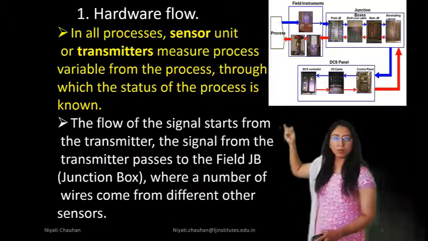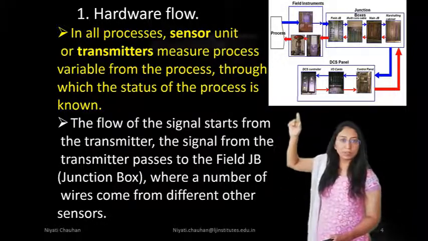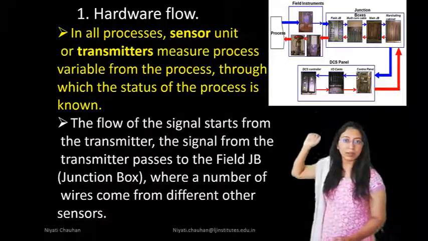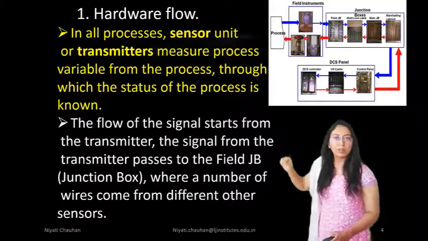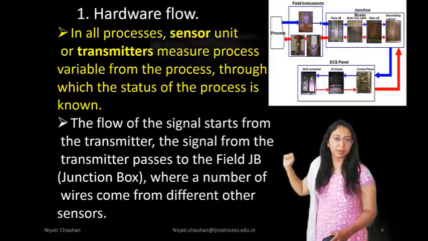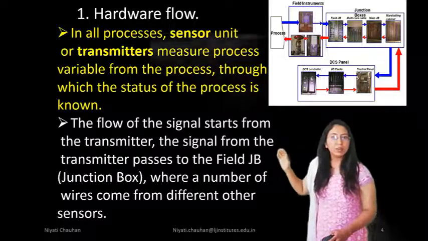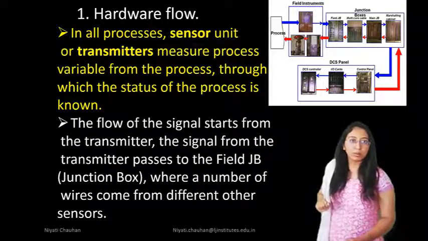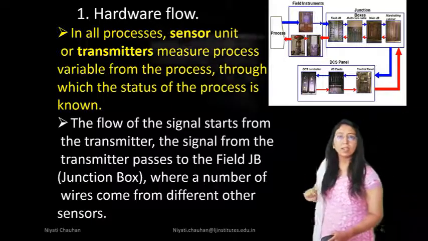So the process sends a signal to the sensor, then the sensor sends the signal to the transmitter, okay. So the flow of the signal starts from the transmitter, and the transmitter sends the signal to the field junction box, okay. You can see in the diagram.